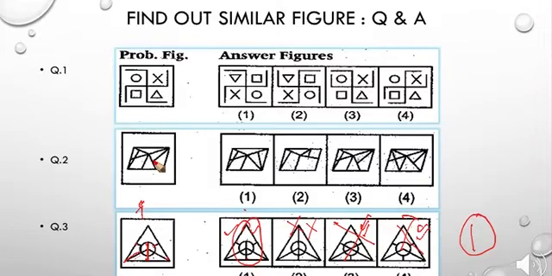On the basis of matching certain parts of the problem figure with the answer figures, we can quickly start eliminating the options and reach the final answer, which is going to be the accurate answer for the question.